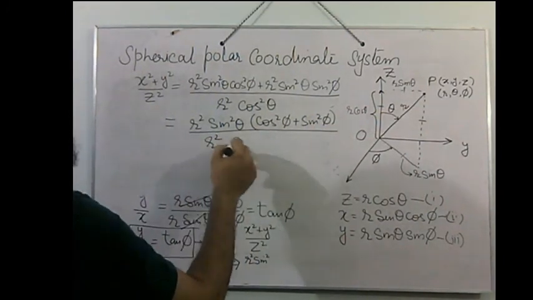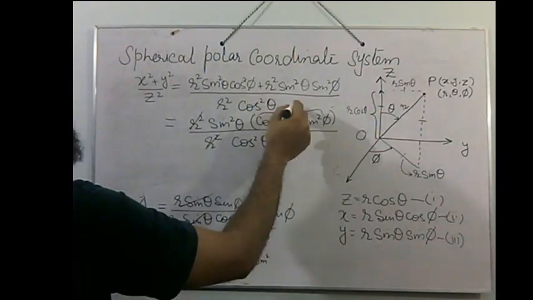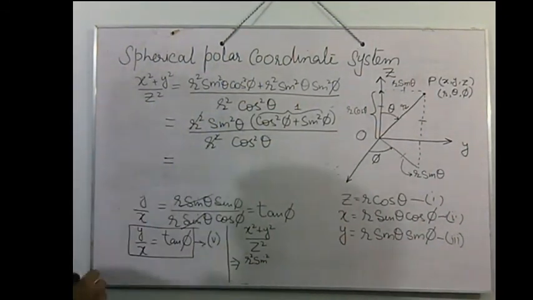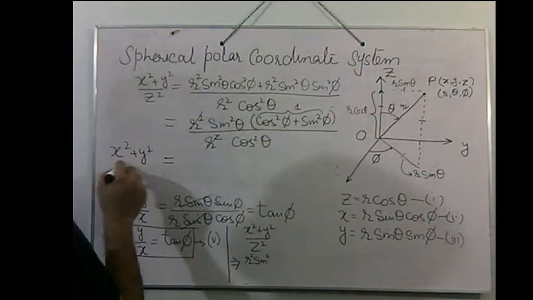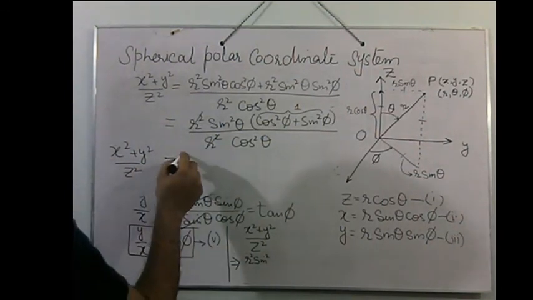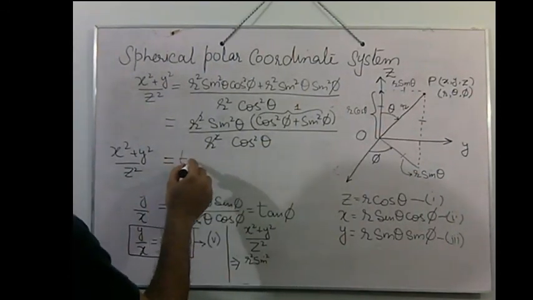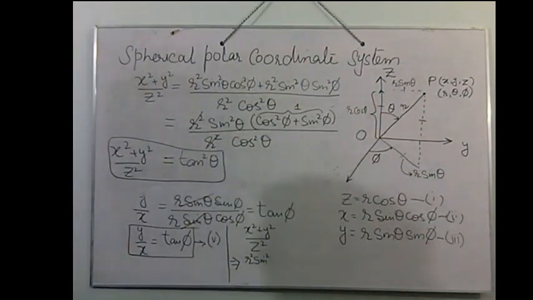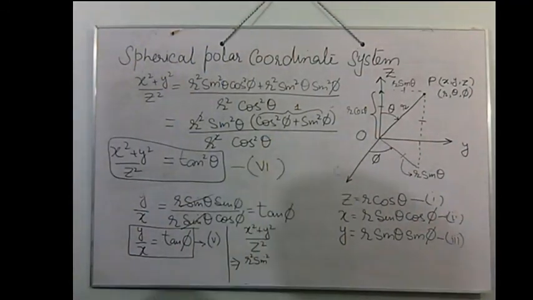Here we have r square and cos square theta. This one cancels out, and this one is equal to 1. So we have the square root of x square plus y square upon z equal to tan theta. We call it equation number 6. So we have 6 equations that can convert x, y, z into r, theta, phi.